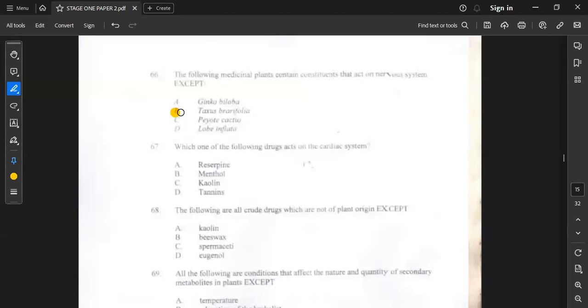Anybody else want to add something on this? Crude drugs are divided into organized or unorganized drugs, we could remind ourselves.